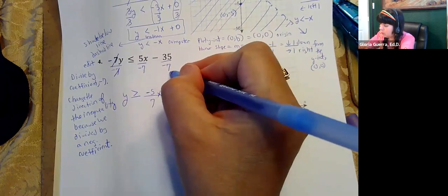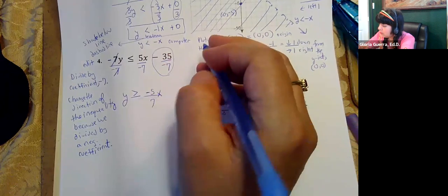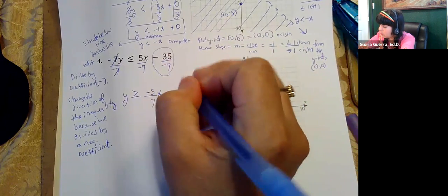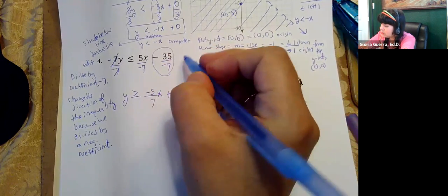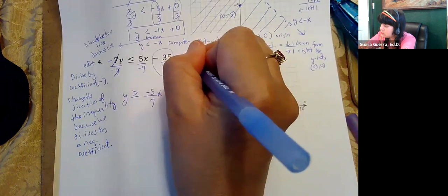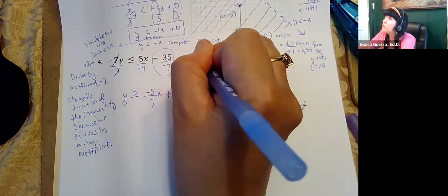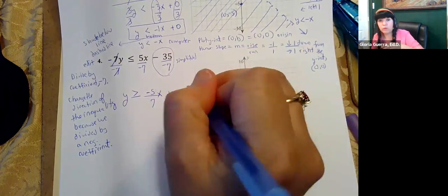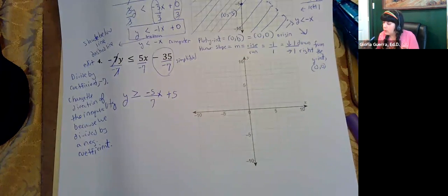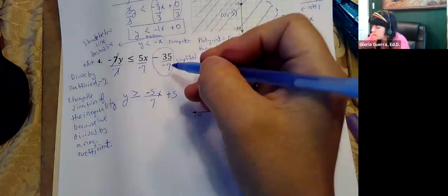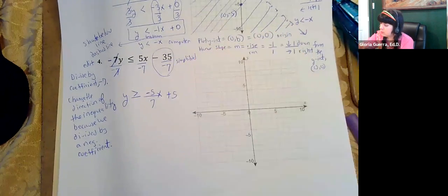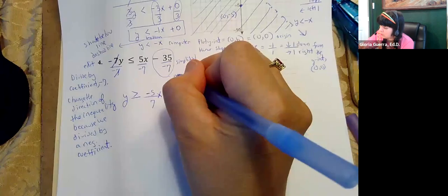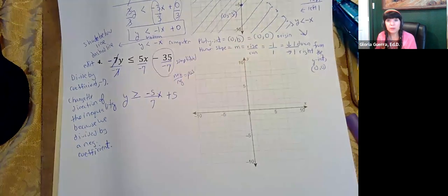And then over here, a negative divided by negative, that's a positive. And this can be simplified, because 7 goes into 35 5 times, right? So that's positive. Negative divided by negative is a positive. Okay.